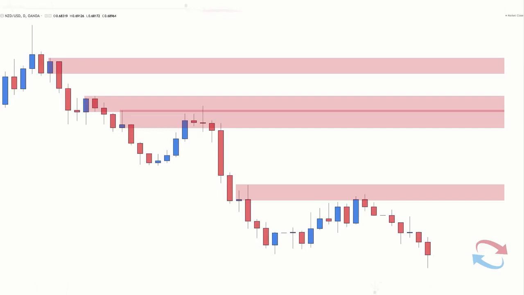That now becomes an area where we want to draw our supply zone, and then prices do come back up into that area, and then we react.